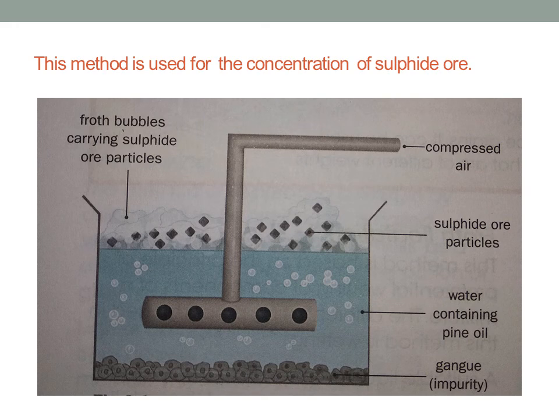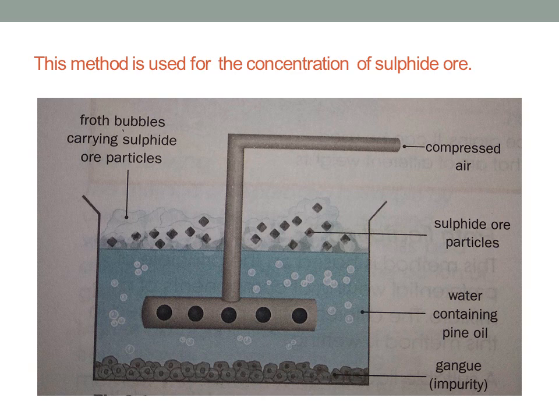Pine oil, sodium ethyl xanthate and water are mixed with pulverized ore in a tank and compressed air is passed through the tank. Water and pine oil are immiscible liquids, means they do not mix with each other or they do not dissolve each other. Water wets the impurities, makes them heavy and they settle down.